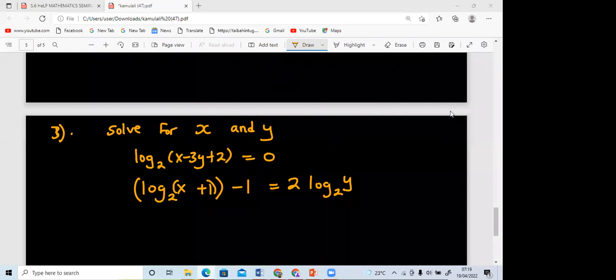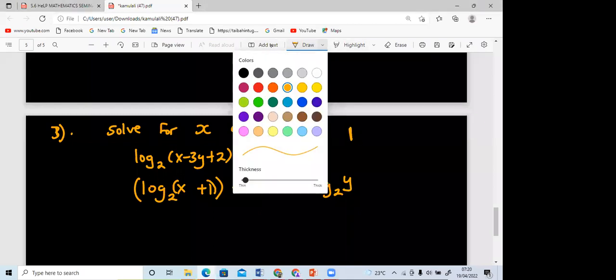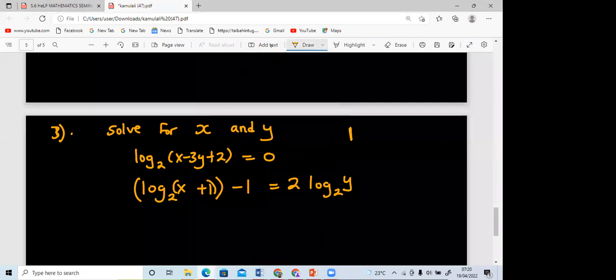Good evening, everyone. My idea on the question is that we apply the law which says, for you to find the value of a number like that, we have two equations. We're going to generate the equations ourselves. From the first one, where we have log 2 of x minus 3y plus 2 is equal to 0, that one can become x minus 3y plus 2 is equal to 2 to power 0.